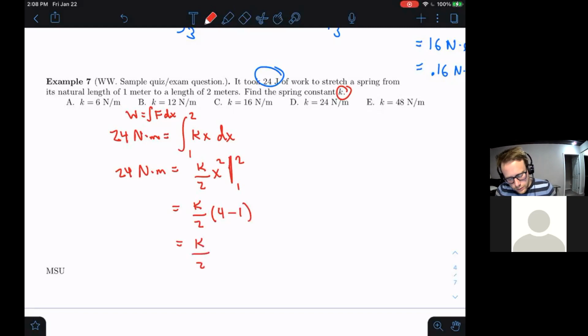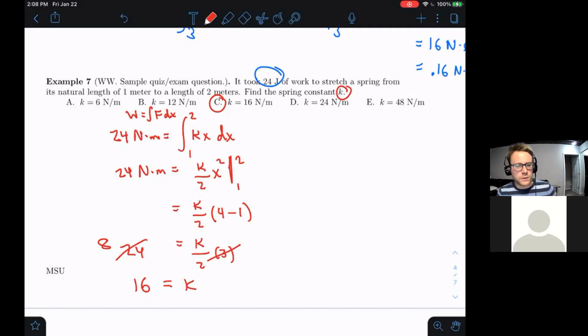K divided by 2 times 3 equals 24. So let's go ahead and divide a little bit. So we get 8. And so here I get my final answer of 16 once I multiply by 2. Newtons was embedded in my joules, right? Those are Newton meters there.